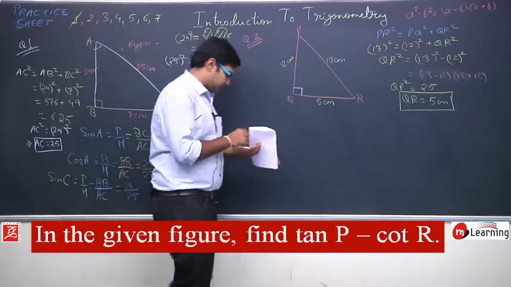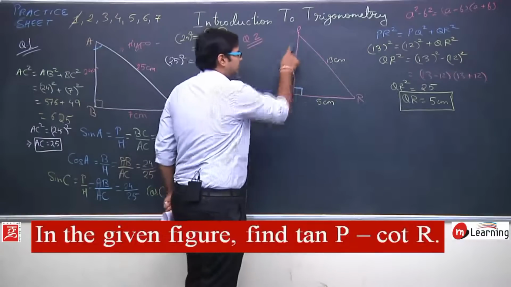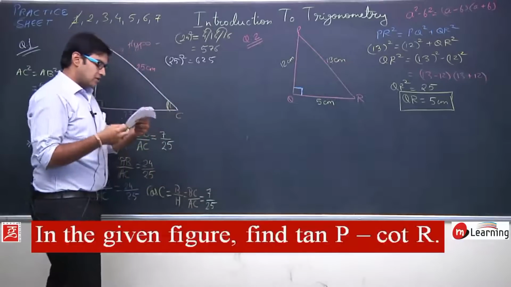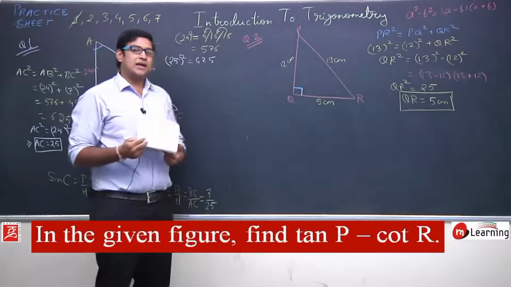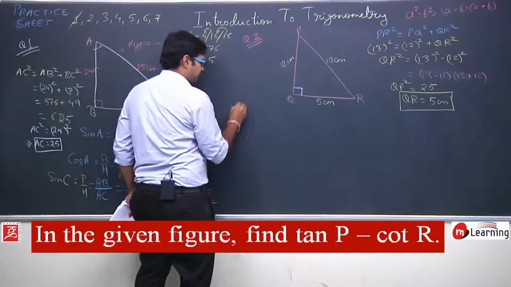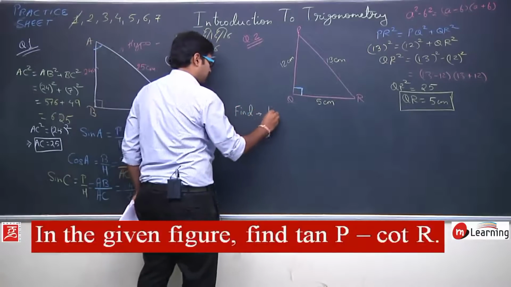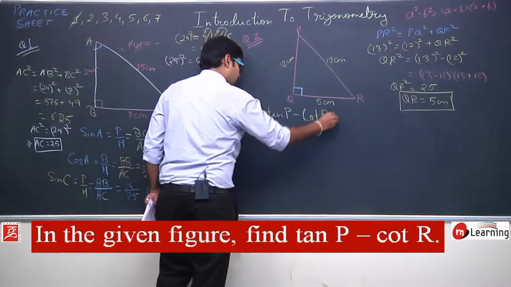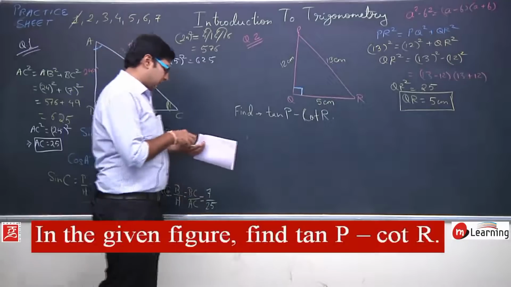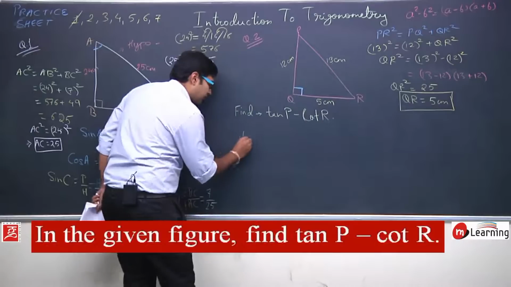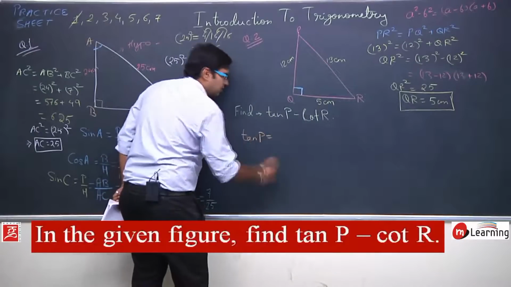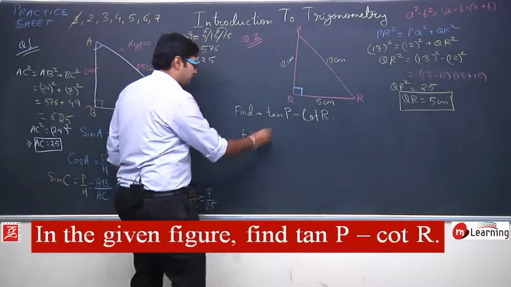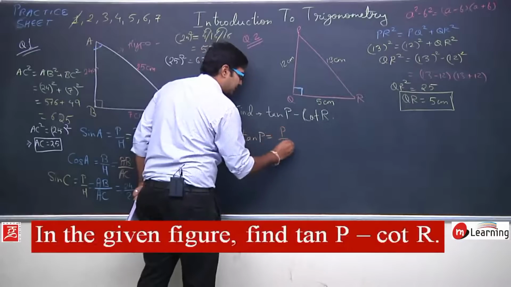Now further, I have PQ, I have PR and I have QR. Now our task is to determine the value of tan P minus cot R. So I need to find tan P minus cot R. So for that I need to calculate tan P. Now to calculate tan P, tan of angle P, the tangent ratio of angle P. Tan of angle P means perpendicular upon base.